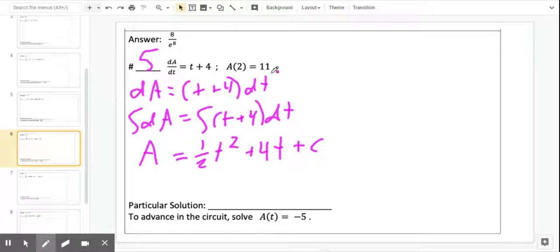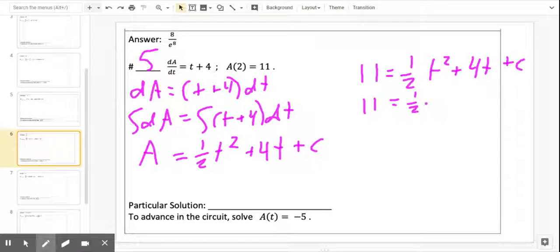So now we need to find the particular solution using this right here. So A of 2 equals 11. So 11 equals 1/2 t squared plus 4t plus c. I don't know why I didn't plug the 2 in, sorry. So 1/2 times 2 squared plus 4 times 2 plus c.